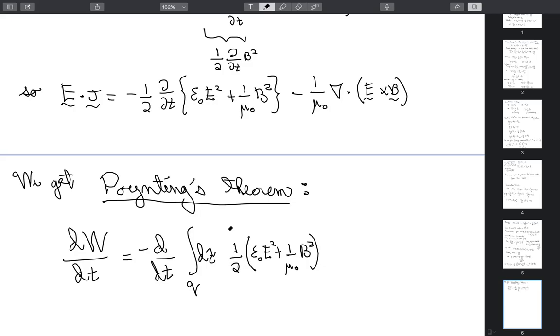This quantity is interpreted as the density of energy inside the electromagnetic fields.